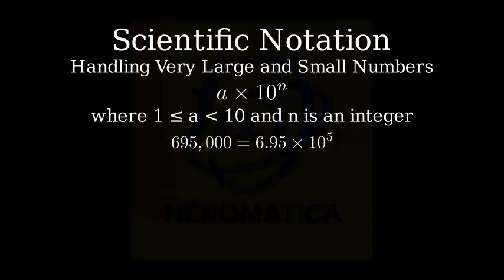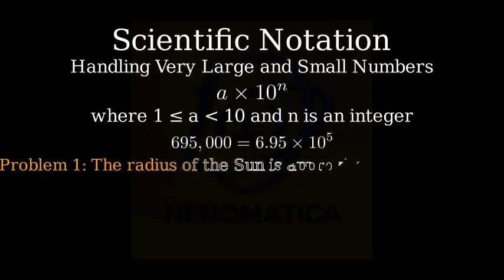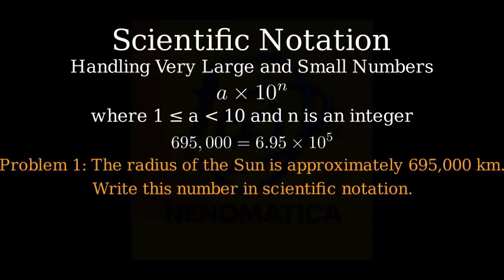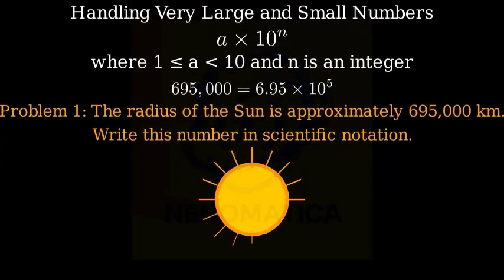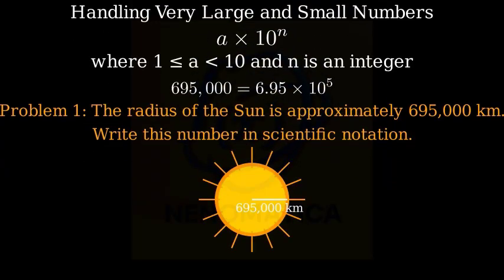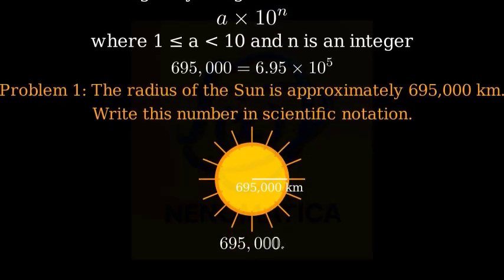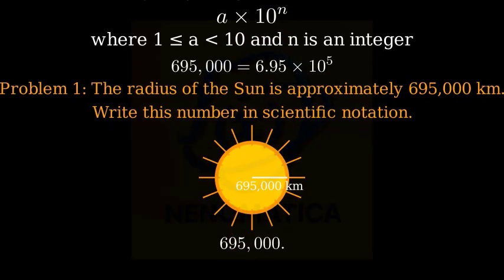Let's start with our first example problem. The radius of the sun is approximately 695,000 kilometers. Let's write this number in scientific notation. First, we identify the original number, 695,000 kilometers. To convert this to scientific notation, we need to move the decimal point so that there's exactly one non-zero digit to the left of it.